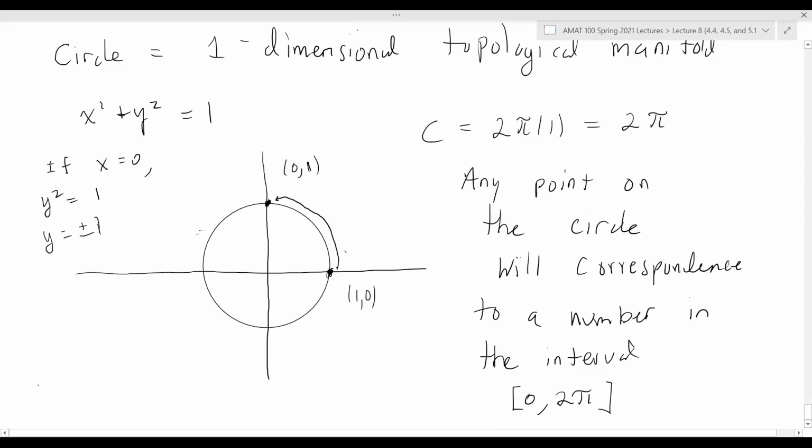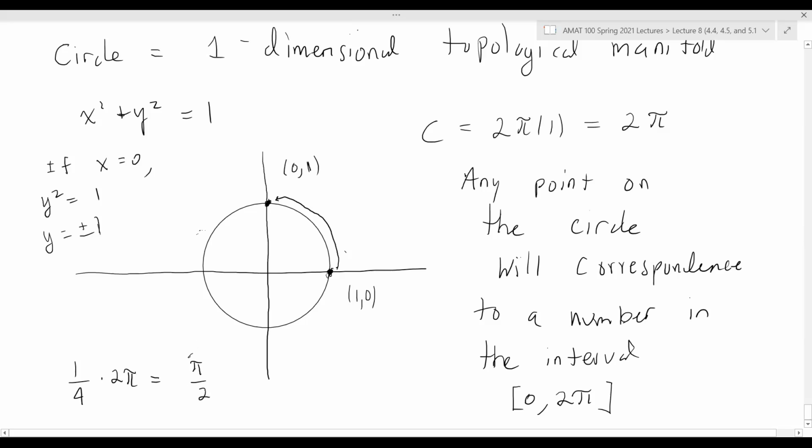So the whole length of the circle, the circumference, is 2 pi. So a quarter of the way means we've gone a distance of pi over 2.